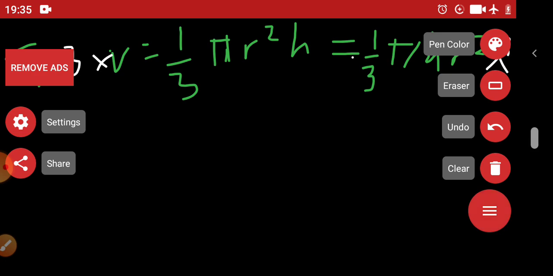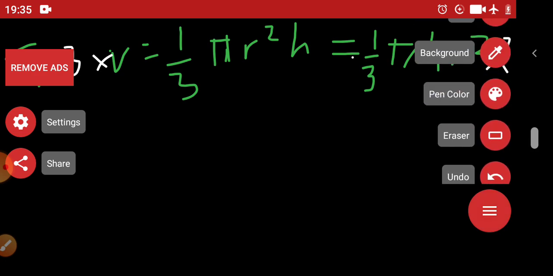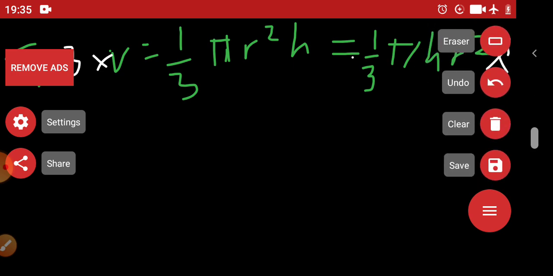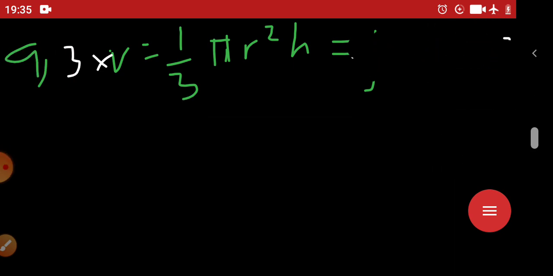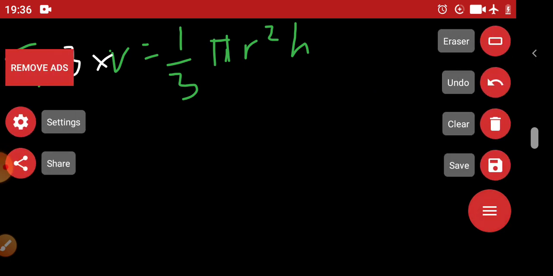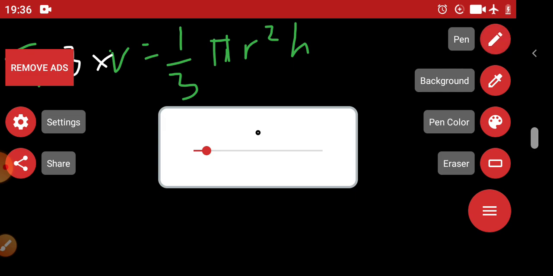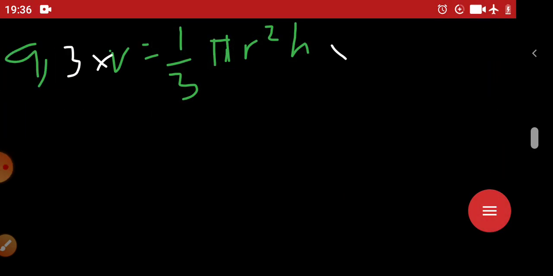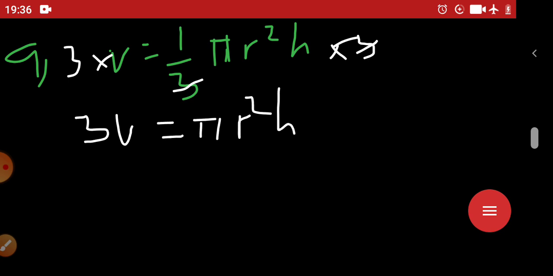Just forget about this part. You can agree with me that now we multiply by 3 both sides to remove the 3 from the denominator. So this will cancel this. This side we have 3V equal to pi r squared h. You can rewrite this as pi h r squared.